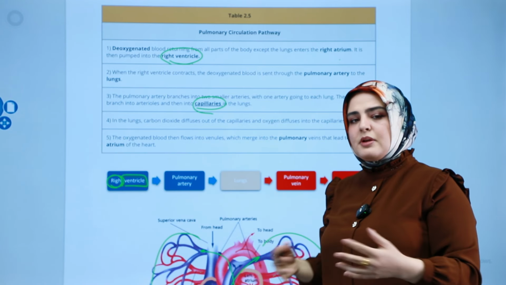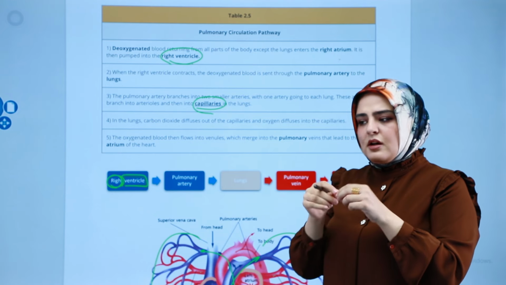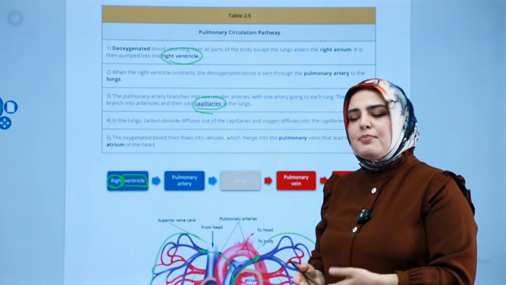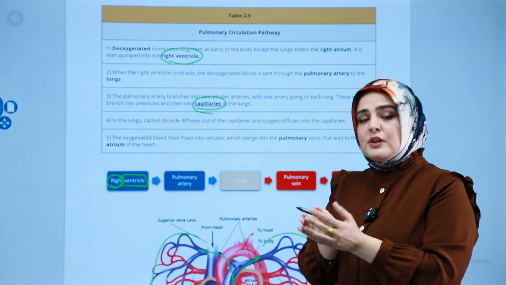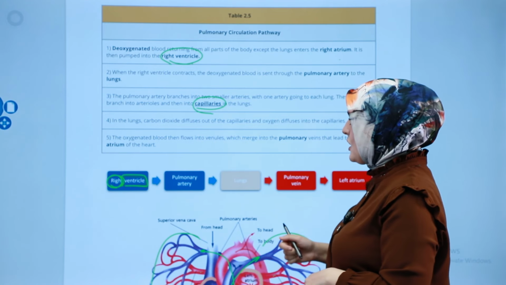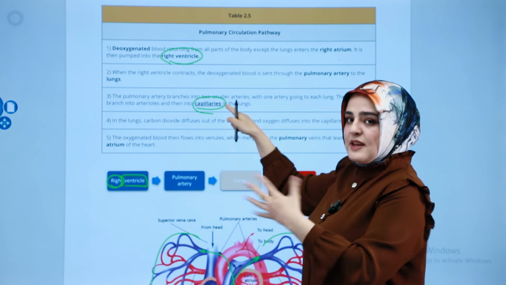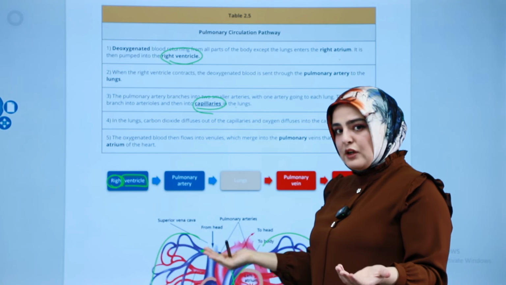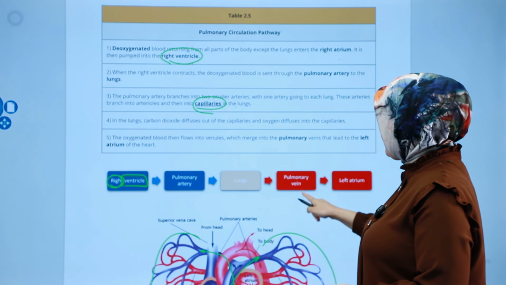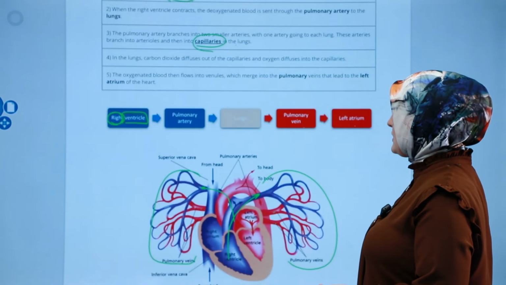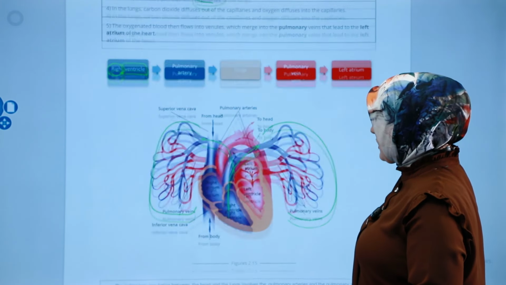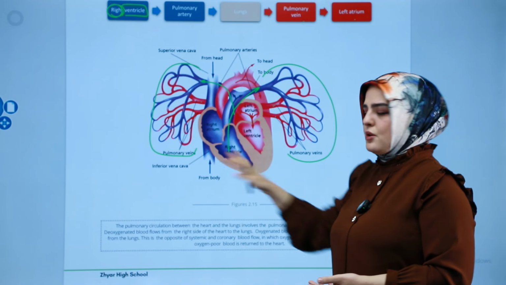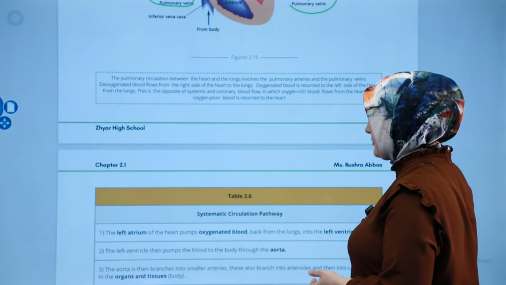Of course, the pulmonary artery branches off, and then arterioles, and then becomes capillaries surrounding the alveoli, which we're going to study in the last section. This is where the exchange happens, and then the blood is now full of oxygen and comes back through the pulmonary vein to the left atrium. We can just look at this. This is showing the pulmonary circulation, just for your information.